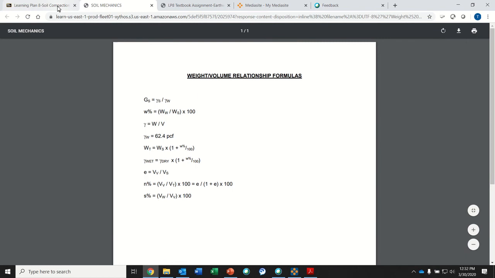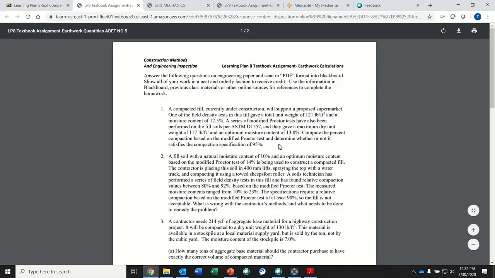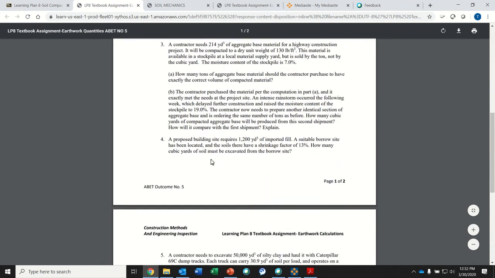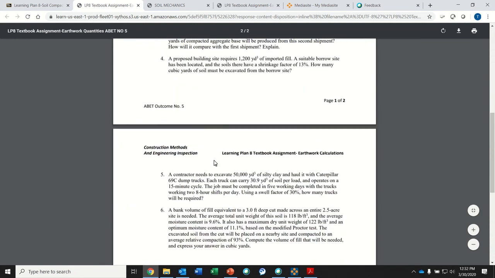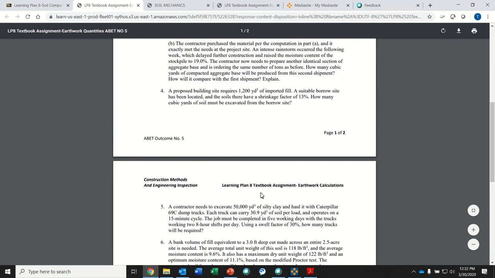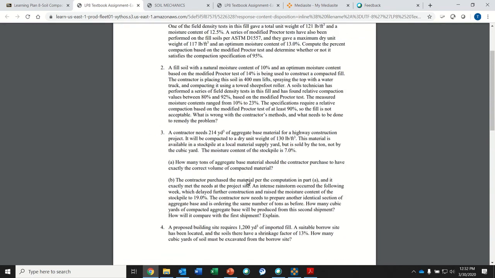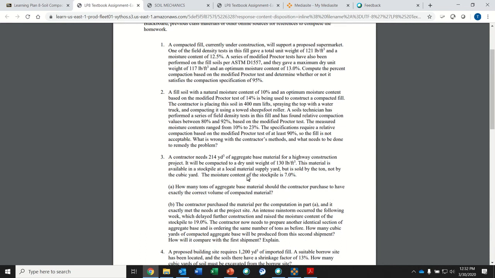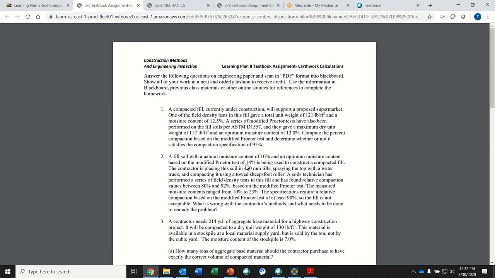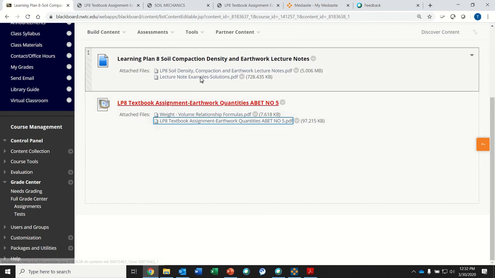And here is your assignment, 1 through 6. If you're struggling with it, you've got to reach out to me. Remember, 1:30 to 3 on Mondays you can reach out to me to help you with this homework. What I just talked about was right here, and here are the solutions.